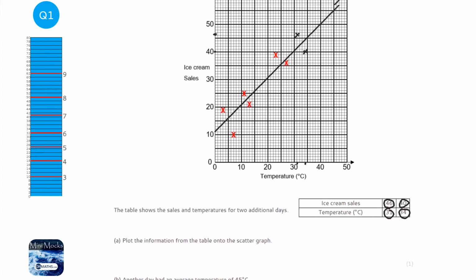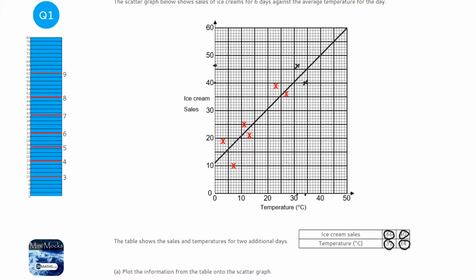So let's have a look. We've got average temperature of 45 degrees. So we're going to draw a line up from 45 degrees, which is about there. And we're going to draw, oh, the line didn't come up. So let's draw that line there. It's refusing to come up for some reason. Let's try another one. There we go. Let's try another line. Okay, let's do it the old-fashioned way. Okay, and then we draw a line across from where it's the line of best fit.